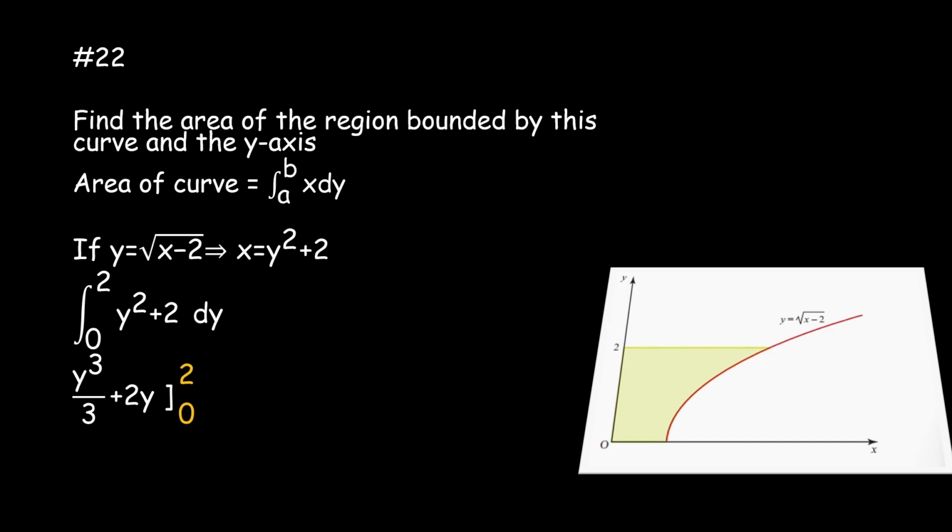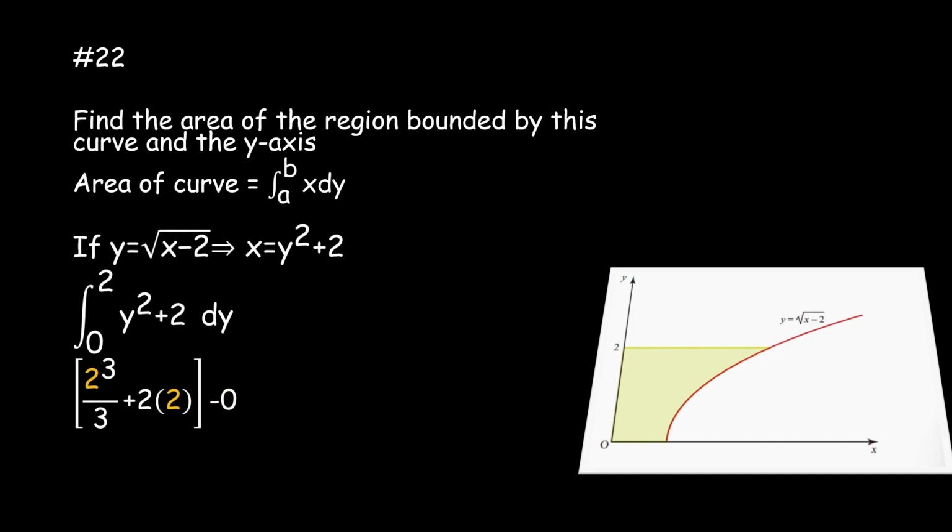Substituting 2, you have 2 cubed over 3 plus 2 times 2. But if you substitute 0, everything is going to cancel down to 0. Working this out, you'll have 8 over 3 plus 4, and this will give us 20 over 3 square units. Question 23.